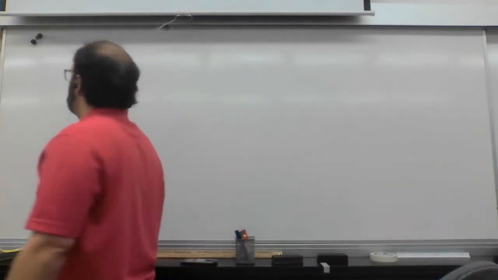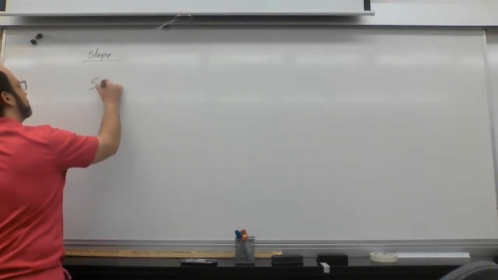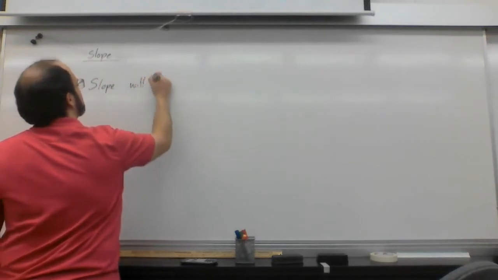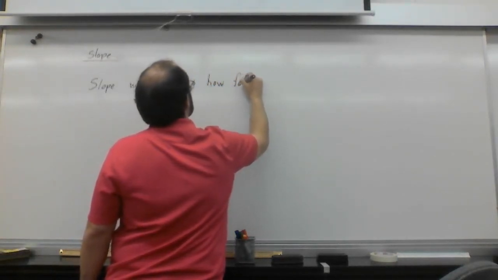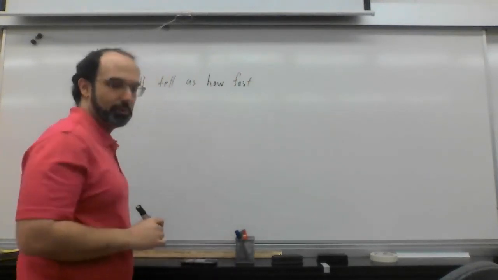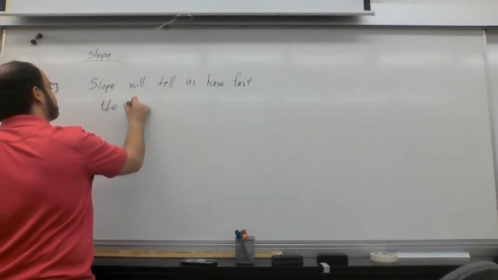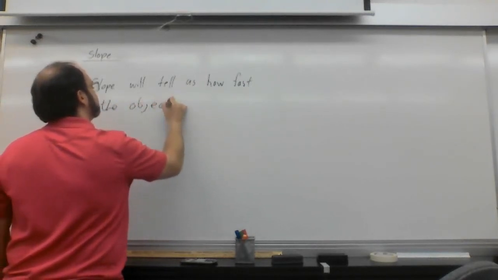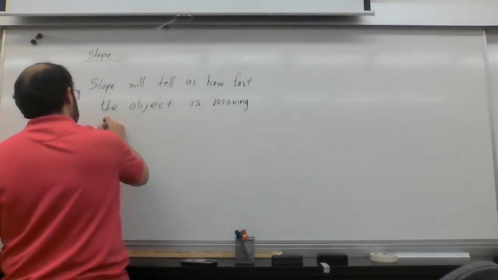So the slope will tell us how fast an object is going for a position time graph. So it tells us there, that's a key thing, we want to put that in, that the slope will tell us how fast something is going. We got to add this part.